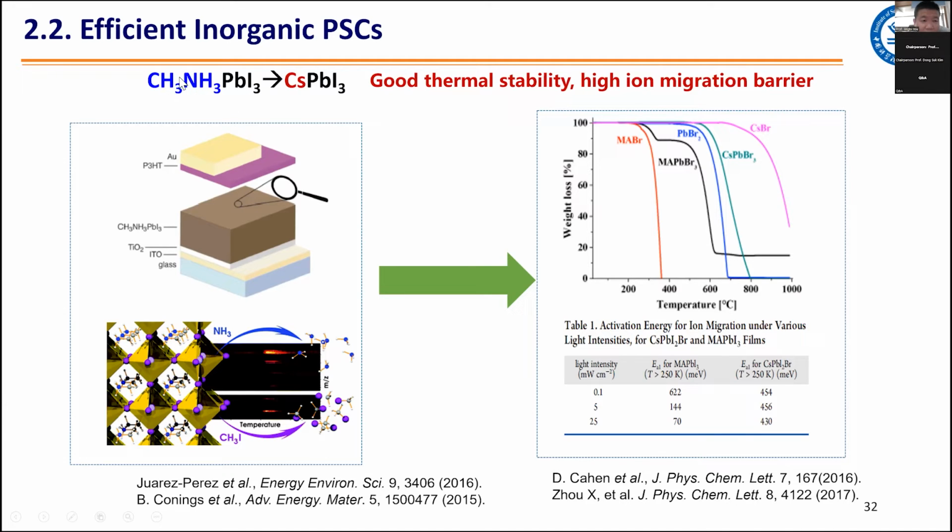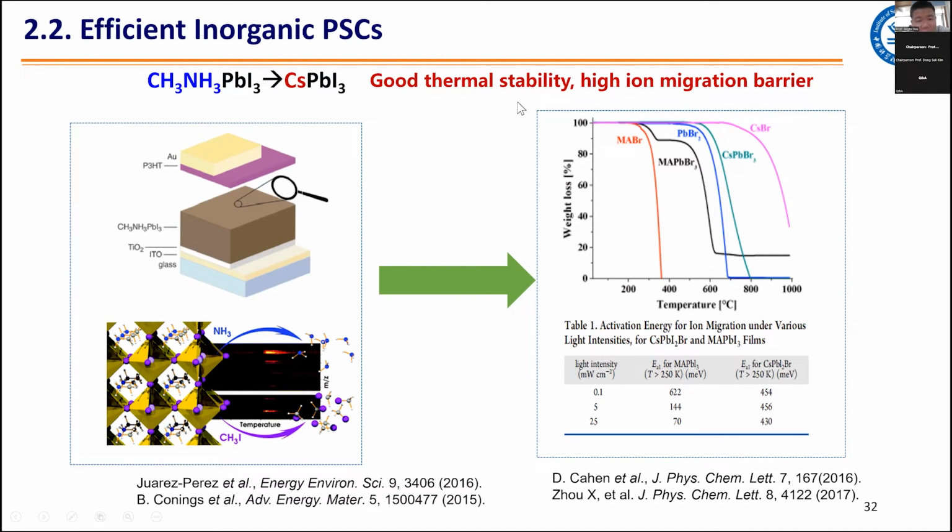These materials contain organic molecules, which are very easy to evaporate during heating or lighting. So people think about whether we can totally remove the organic molecule and go to inorganic, which of course will lead to good thermal stability.